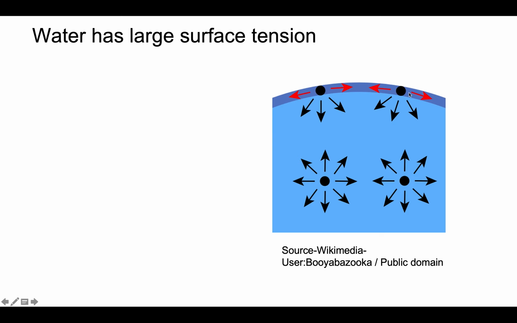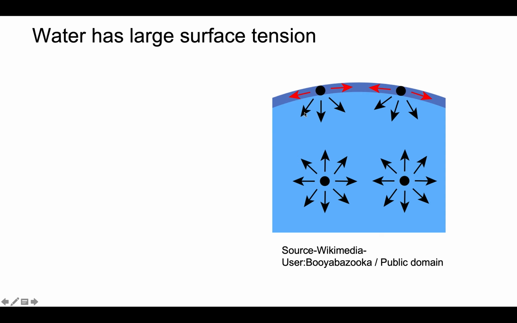And not only that, on the surface of the body of water, there is hydrogen bonding between water molecules right on the edge. And if you think of it as an analogy, it's like people forming chains, holding their hands one after another and forming a body chain.